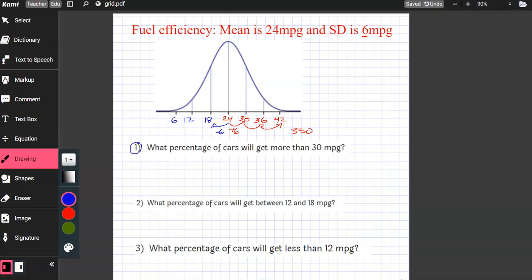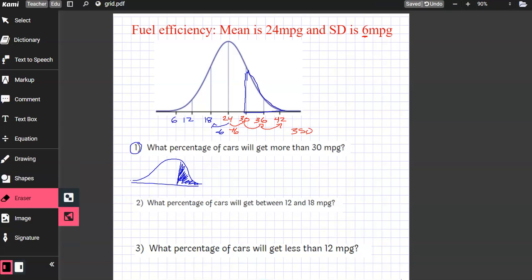Now this says question number 1, what percentage of the cars will get more than 30 miles per gallon? So I'm looking at the visual here. 30 miles per gallon looks like it's from here all the way over here.